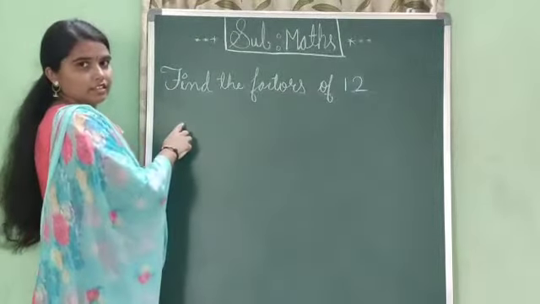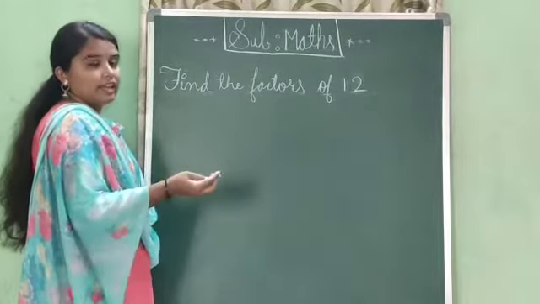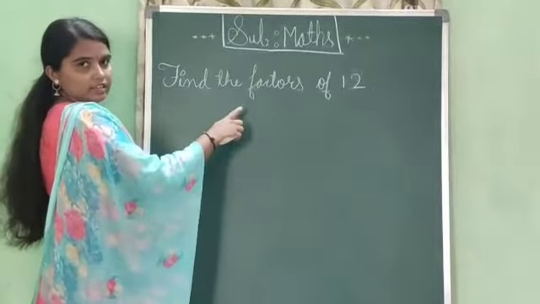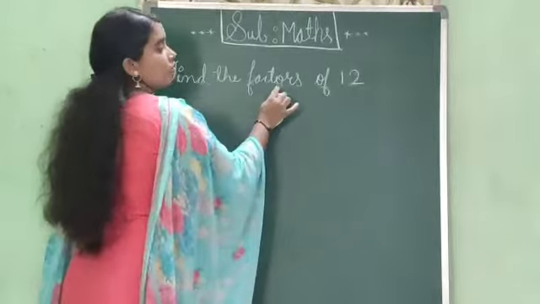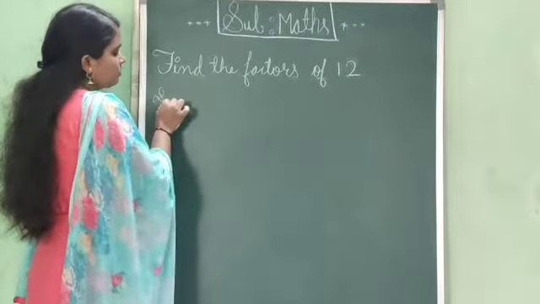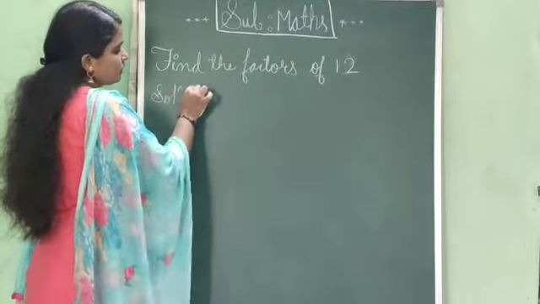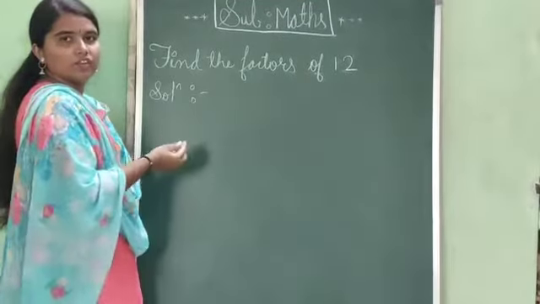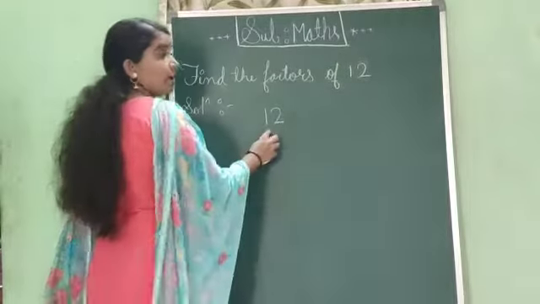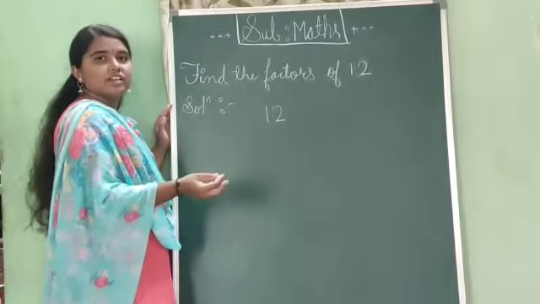So here I have taken the next example. In exam or in any textbook, they will give a sentence like this: find the factors of 12. If they ask you like this, then you should write the solution. We are going to see in which table 12 will come.